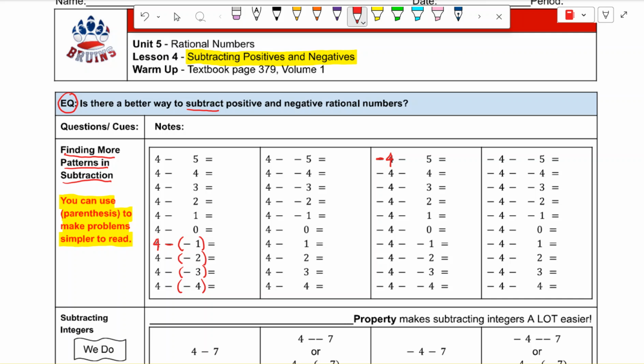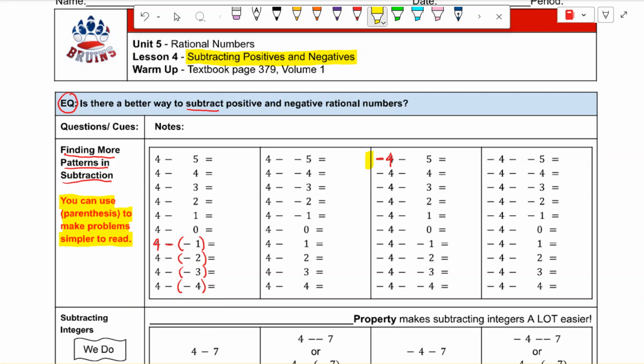That's -4. You don't need to put parentheses in the front because we know that negative sign is in the front. We know it's a negative 4, because there is no number in front of it. So we know it's a negative sign. All right, so that's what the parentheses are for. You can use them or not use them. You'll see that many times they are being used.